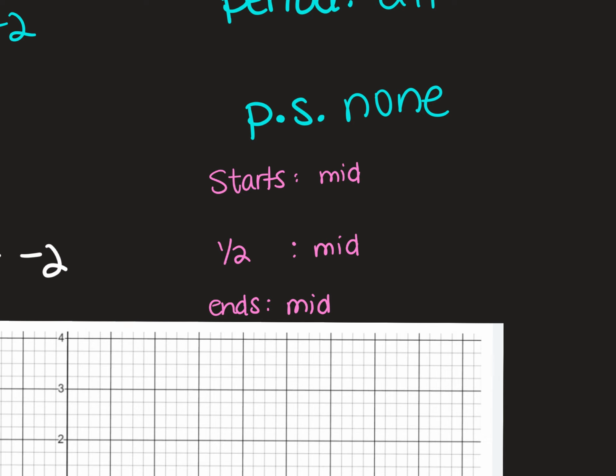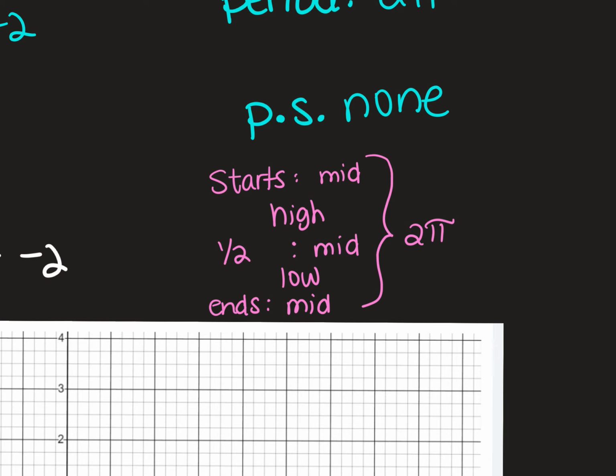Between the beginning of the period and the halfway point, we go up to our highest point. And between the halfway point and the end of the period, we go down to our lowest point. We know that the period of this particular graph is 2 pi, so all of this happens in a distance of 2 pi. I've got to put all of that information on my graph before I get to 2 pi.